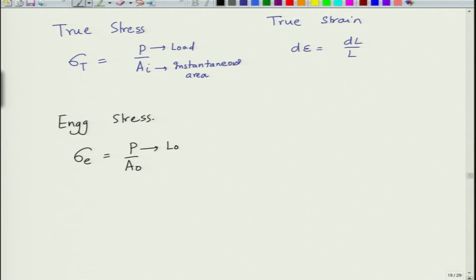So, this is load, this is initial area, and then we have engineering strain, which is defined as e, which is delta L divided by L naught, or you can say L f minus L naught divided by L naught.